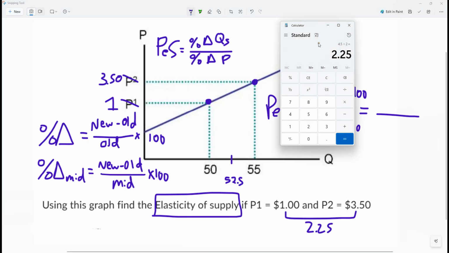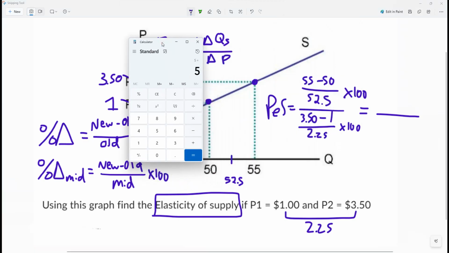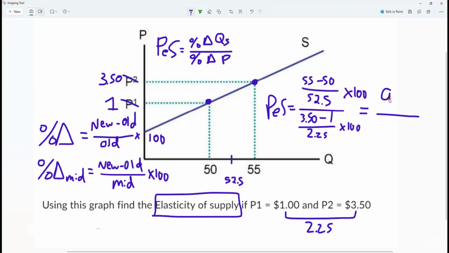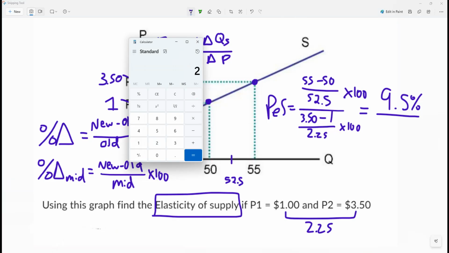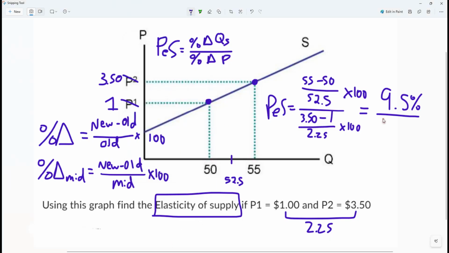Let's get the calculator out again. We want 5 over 52.5, multiplied by 100. It's going to be 9.5%. And then over here, this would be 250 over 225. That is 111%.